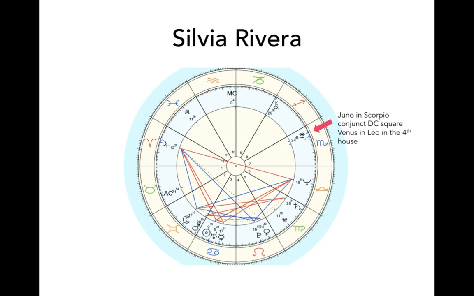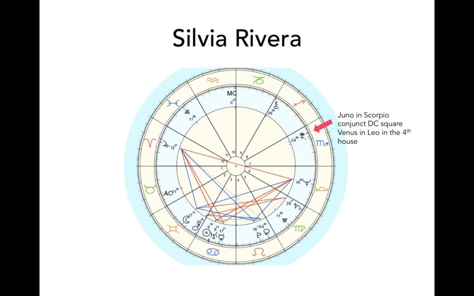And so again, if this was my client, I'd be wanting to unpack that. Because Venus is in the 4th house, and we know from her life story that her relationships with her parents were very, very difficult and traumatic and even violent, to what extent does that impact the square between Venus, the planet of love and connection, and Juno, the asteroid of marriage and committed partnerships?